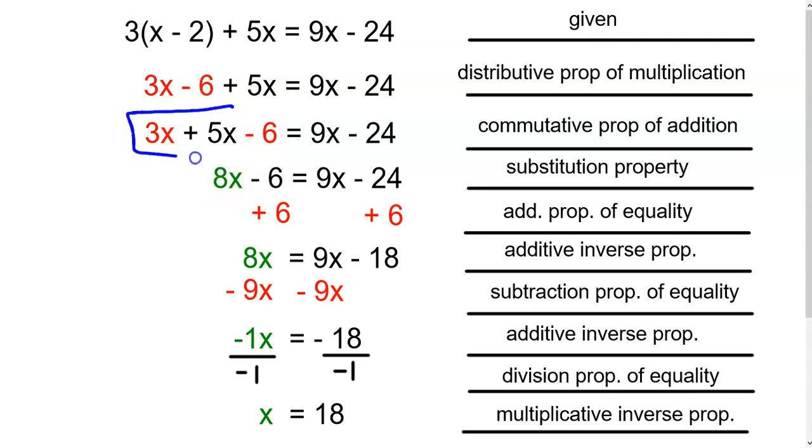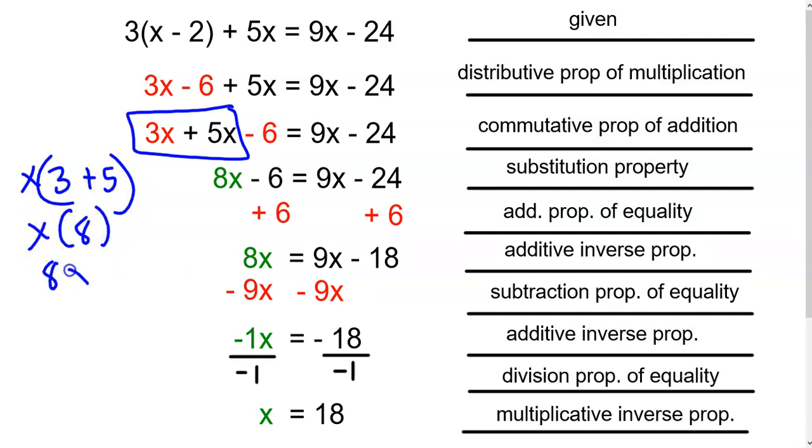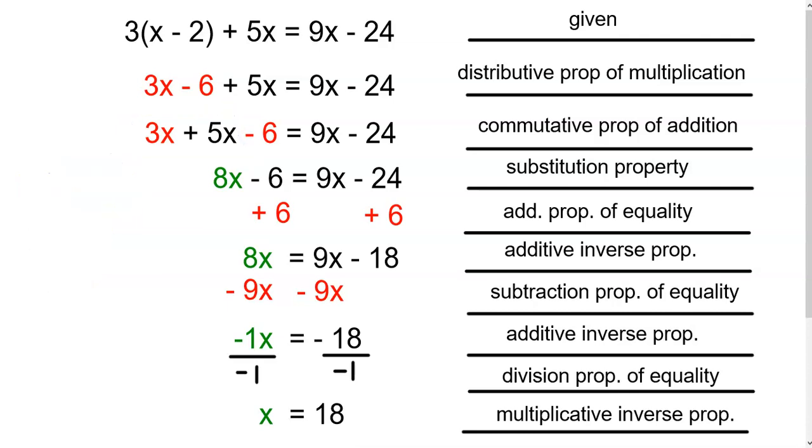But technically, this right here can be factored out as x times 3 plus 5. And that's how I get x times 8, and that is how I get 8x. So technically this is really a distributive property. But if you're not writing it that way, then we're not going to justify it that way. So remember, if you're combining like terms, we're going to call that the substitution property.